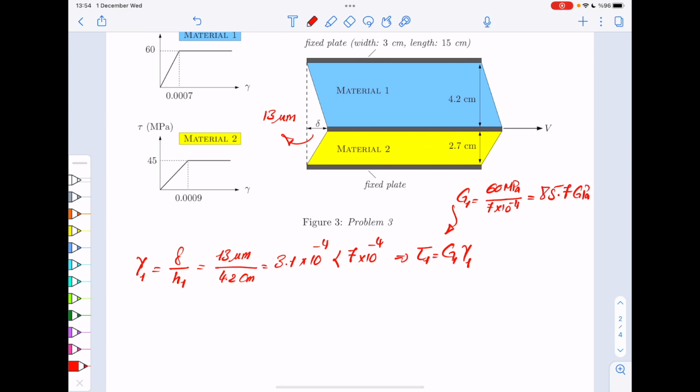Okay, so that's the shear modulus of material 1. So here I'm going to write this for simplicity. G here would be 85.7 gigapascal.